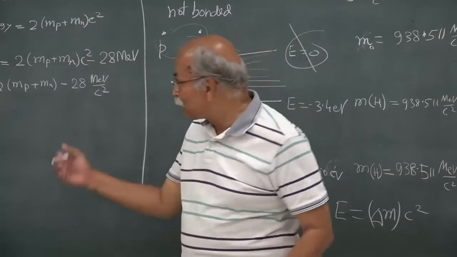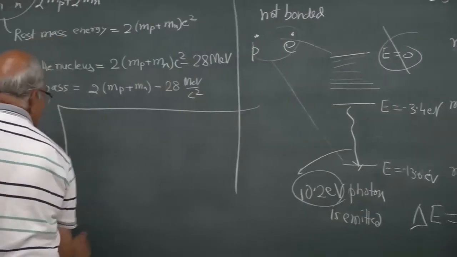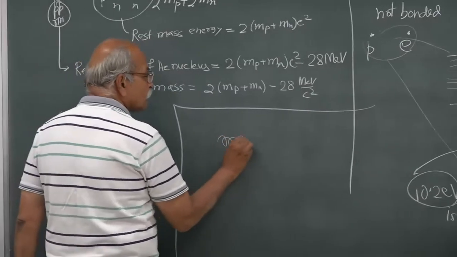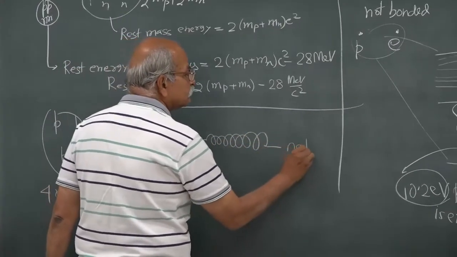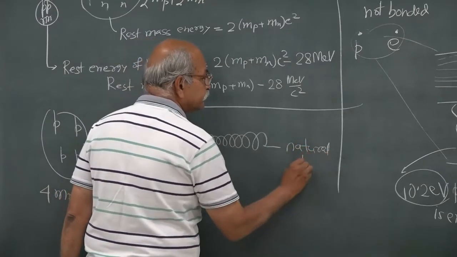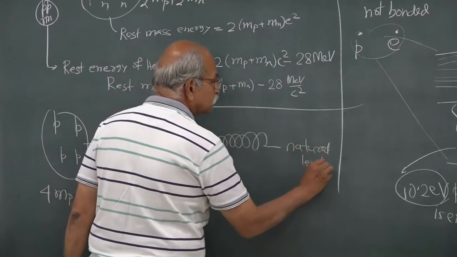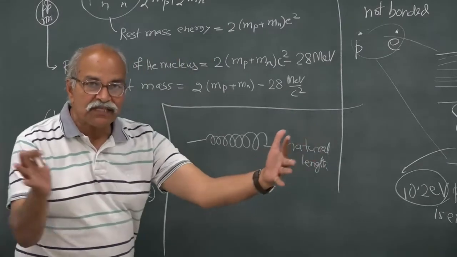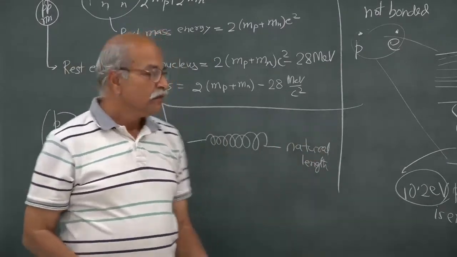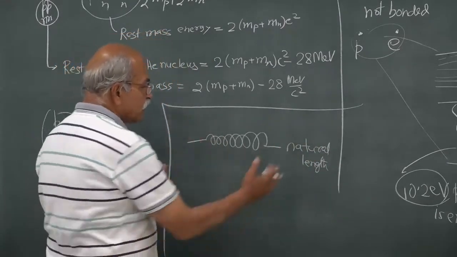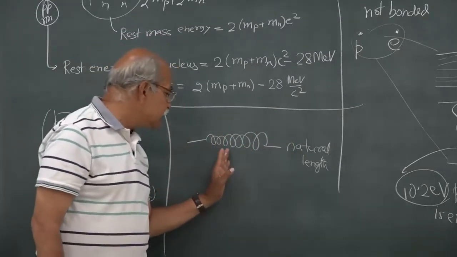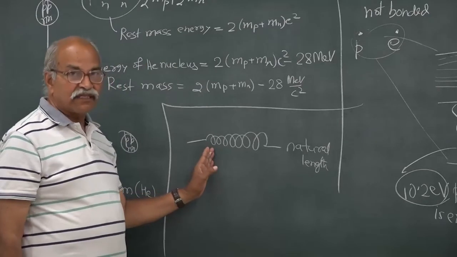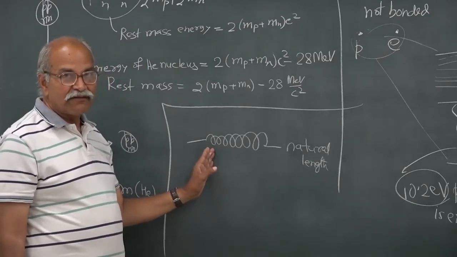So, suppose you have a spring in its natural length, and then you compress the spring from the 2 sides. You apply a force from this side, you apply a force from this side. So, this end moves in this direction, you have a positive work done by the applied force.